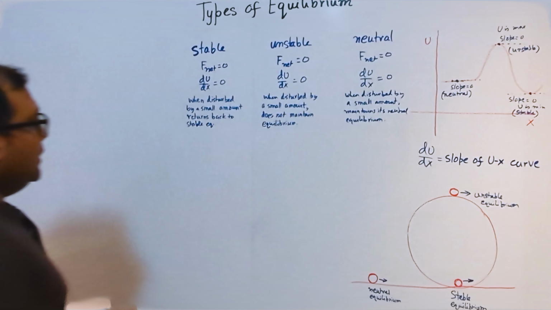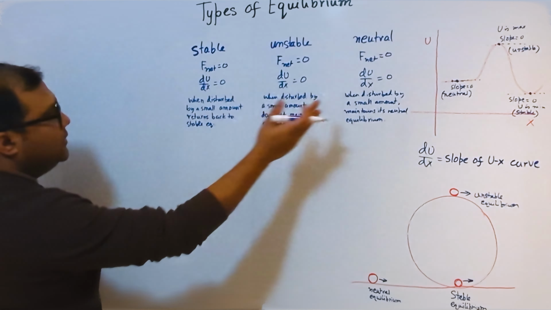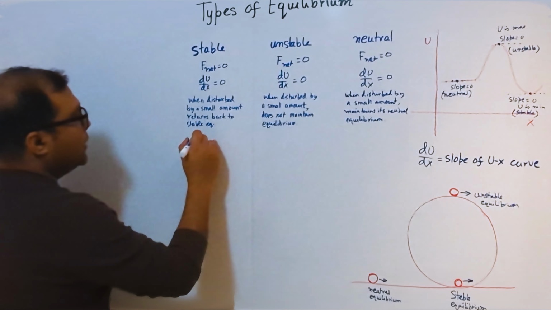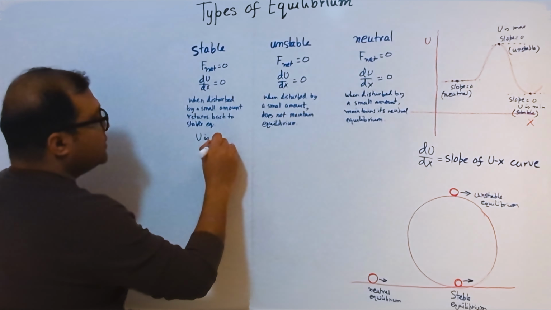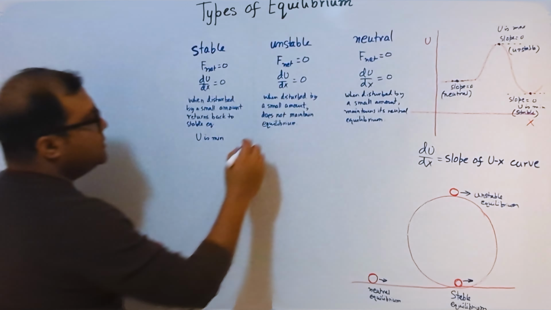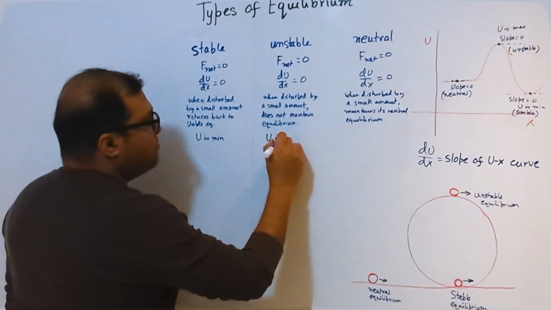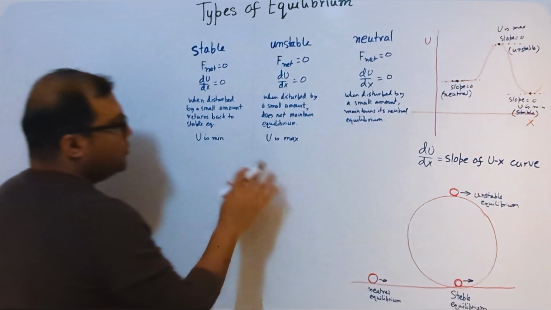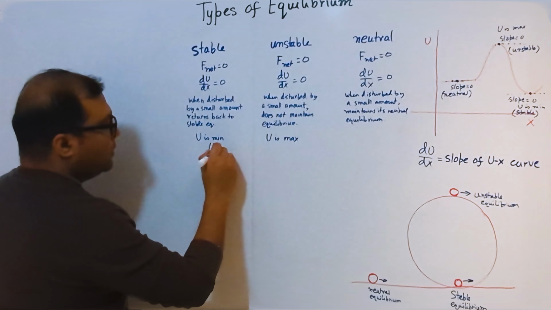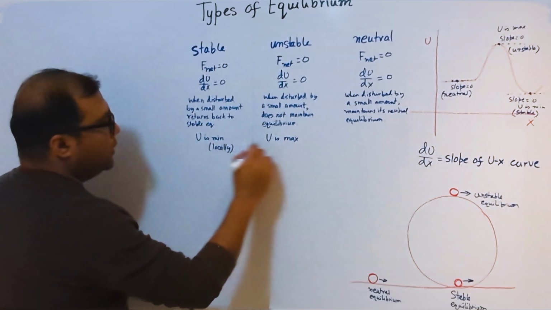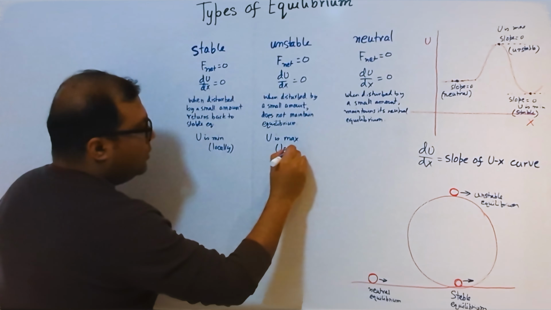So mathematically, how can we define these three situations? We can say U is minimum in this case. Unstable equilibrium, U is maximum. When I say U is maximum or U is minimum, I mean locally. What is locally?